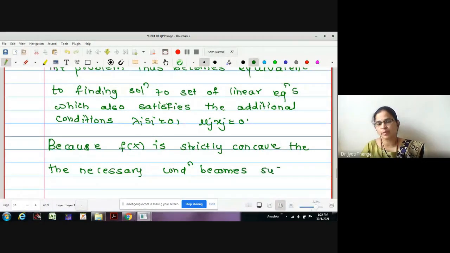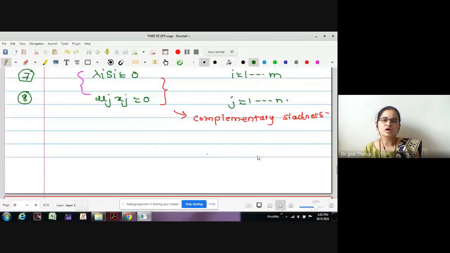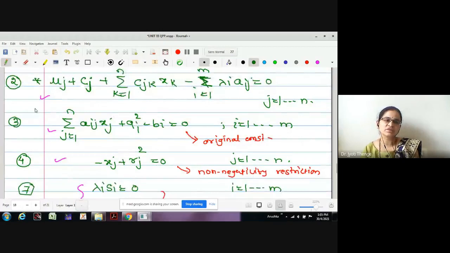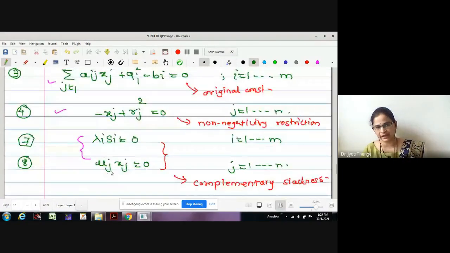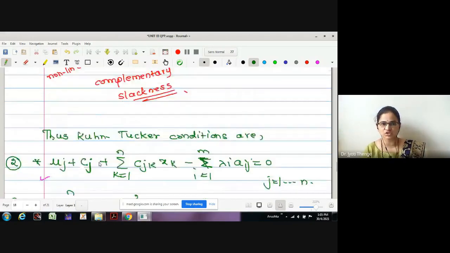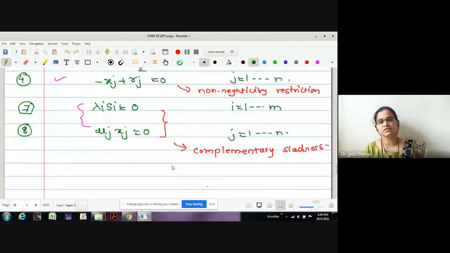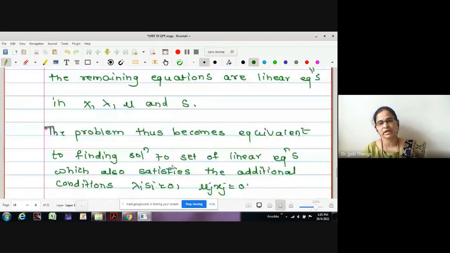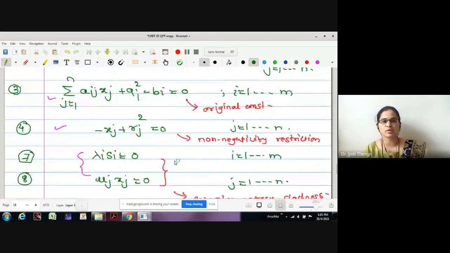Therefore, what is the job that remains for us now? Just find a solution to the set of linear equations given by 2, 3, 4, with the addition of 7 and 8. Then the mathematician Wolfe has suggested a systematic procedure to find the solutions of these linear equations. In the next lecture, we will study the Wolfe method for solving the quadratic programming problem.